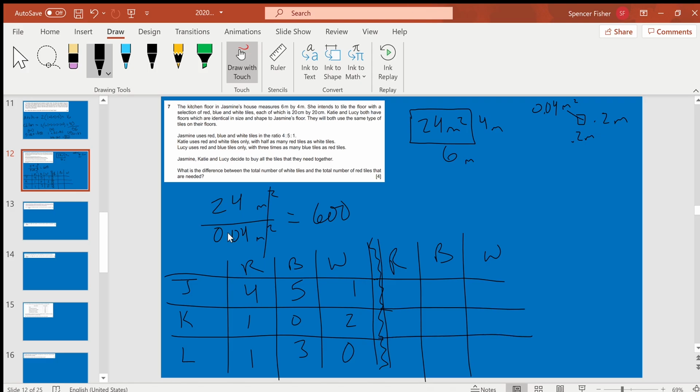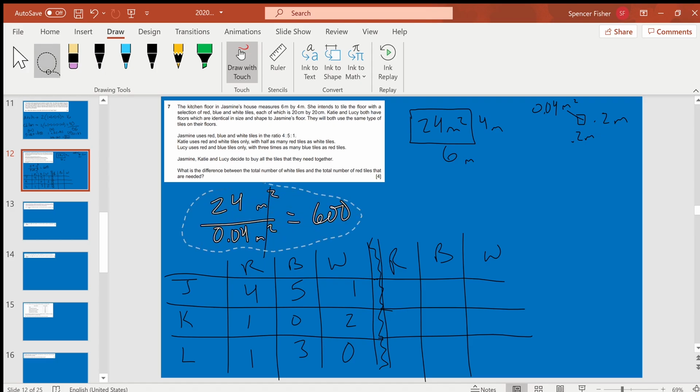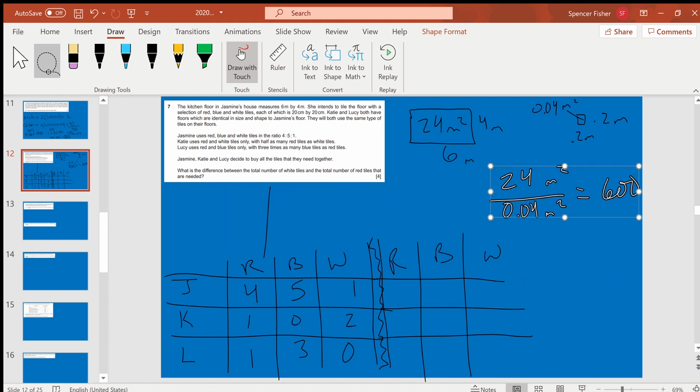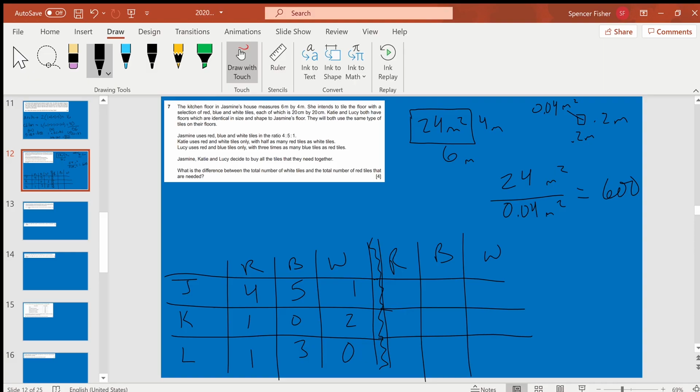Okay, so these are the ratios, and this will be fractions. And once we have the fractions, we'll be able to multiply by 600 to find the counts for everything.